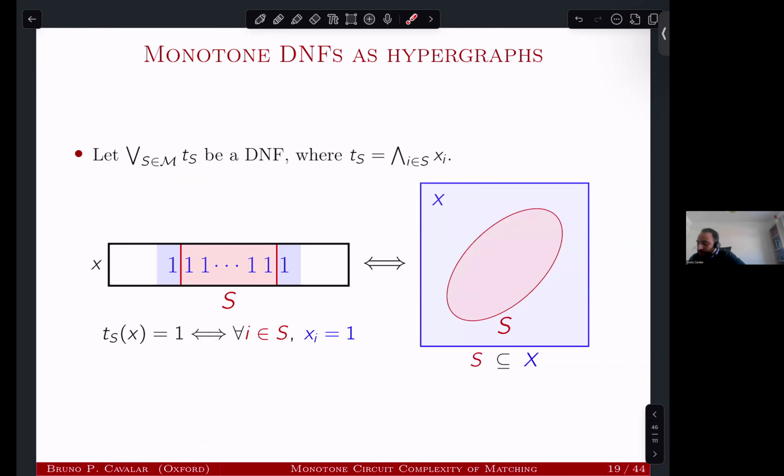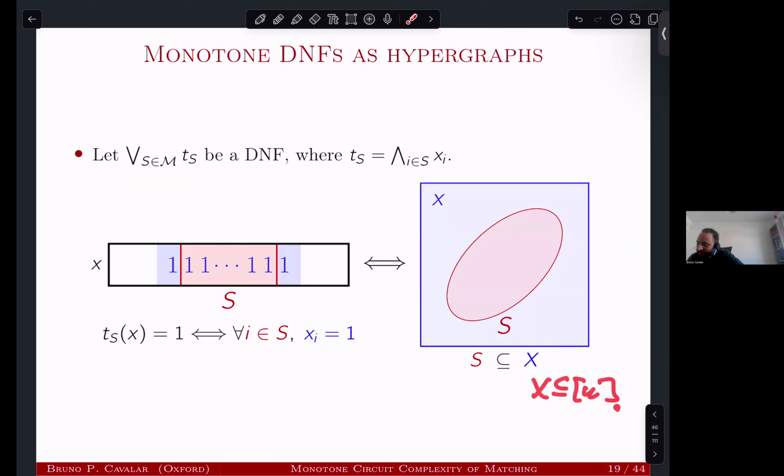You could also take more of a hypergraph perspective, and you can think of X as a subset of the set of literals, and it's being accepted by the term S if S is contained in X.